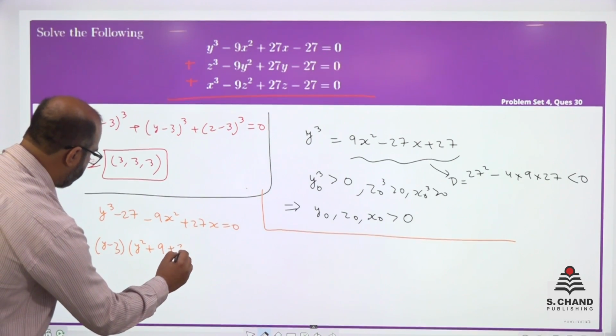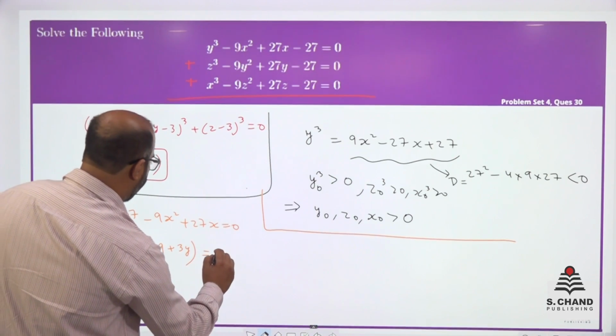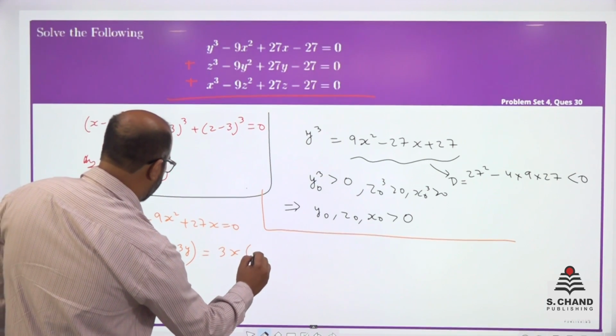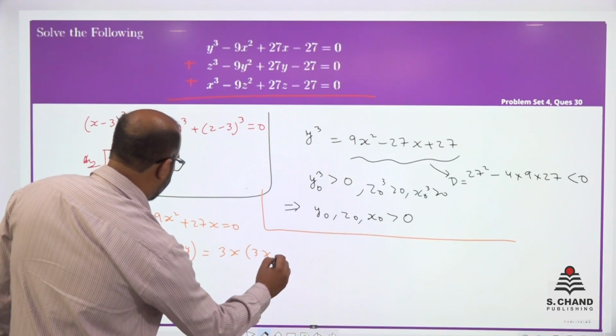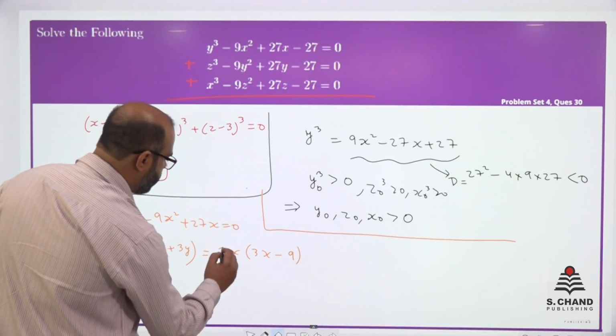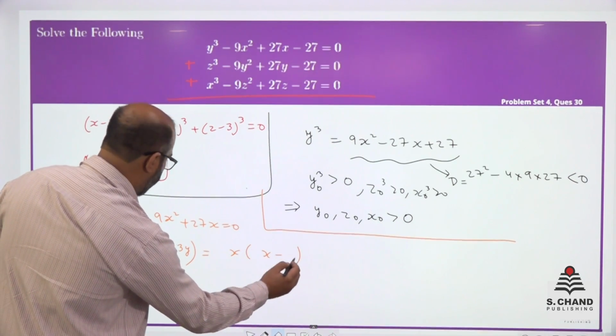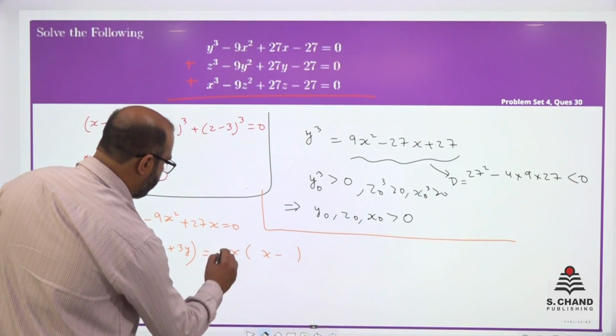So this will become y minus 3, and this I am taking on the right hand side. So after taking common, 3x minus 9, or you can take 9 common here. So instead of taking 3 common, you can take 9 common.